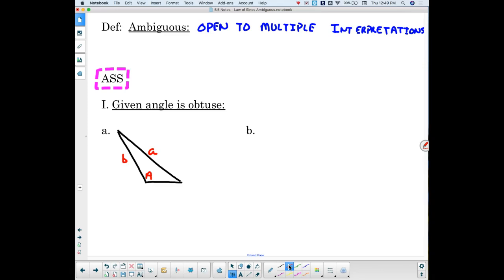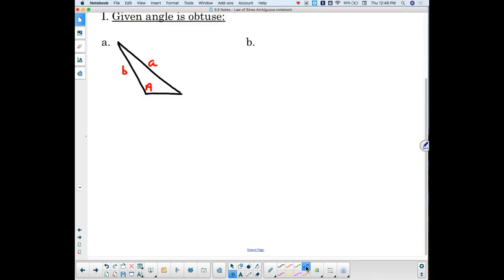If A is greater than B, so if my opposite side is greater than my adjacent side, we produce one triangle. You will want to write this down because there are 6 different scenarios.